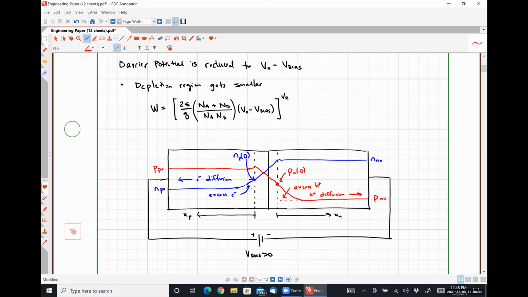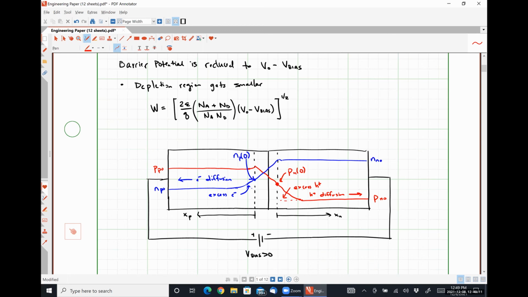And it's actually these excess carriers that wind up causing current to flow through our device, right? So notice the hole diffusion is to the right, which means we're going to have a diffusion current density oriented to the right.